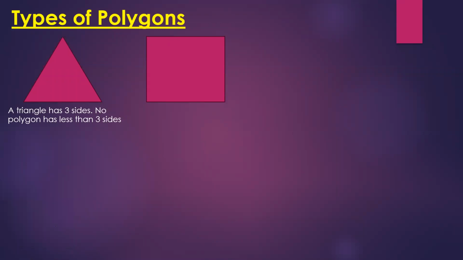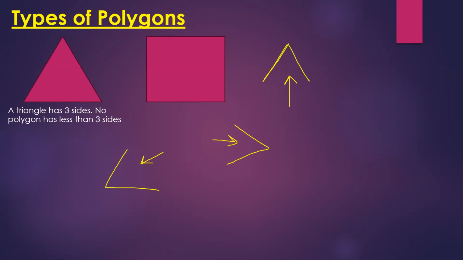The reason is that if you only have 2 sides, there's no connection, so there's an opening, and that's not a polygon. If you have 2 sides, you cannot form a polygon. There will always be an opening, it cannot connect.